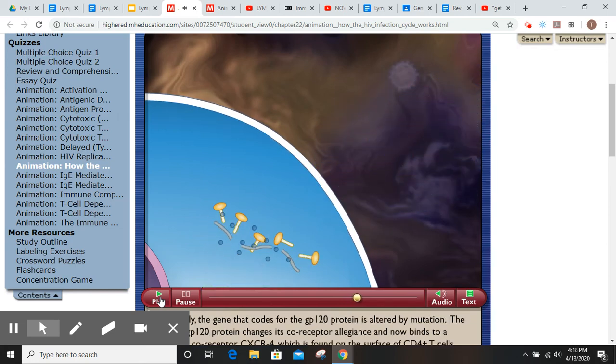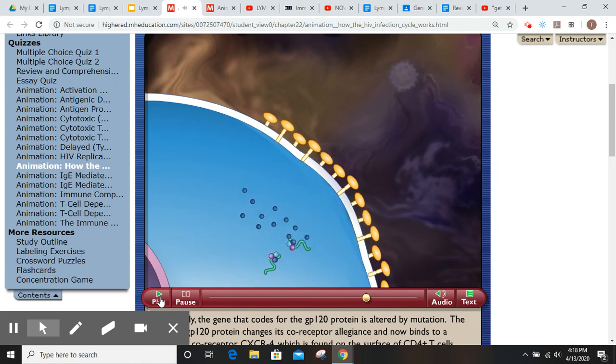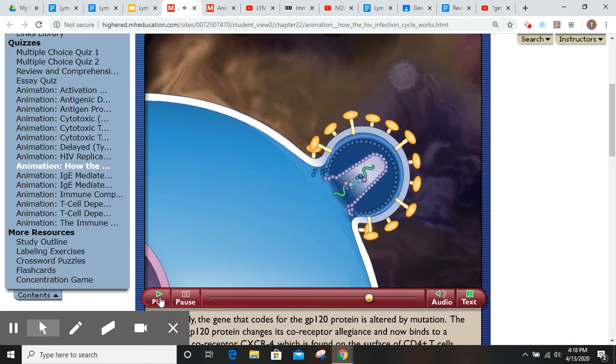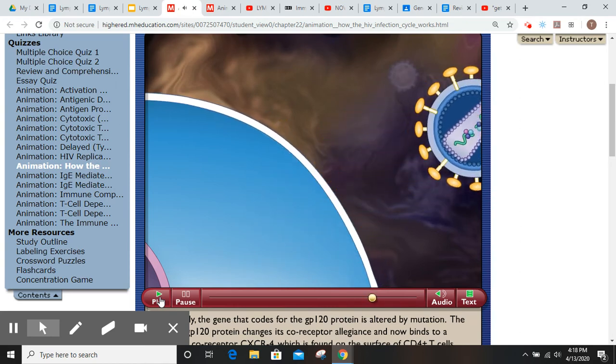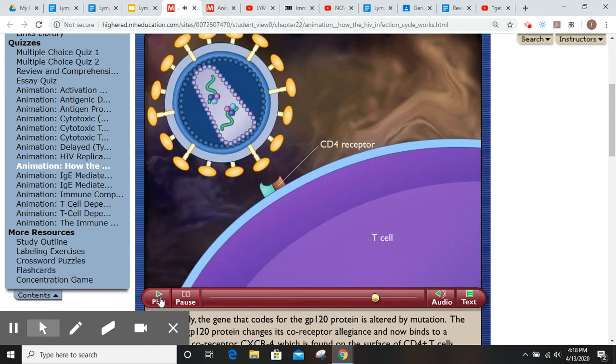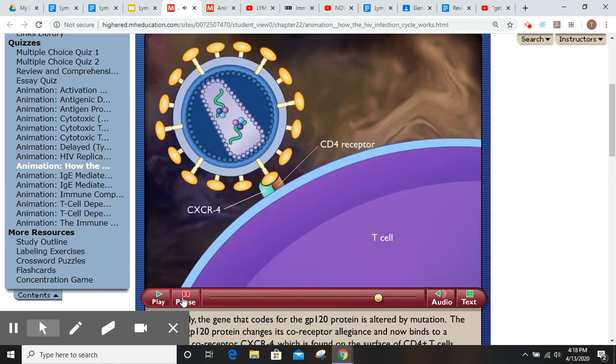Eventually, the gene that codes for the GP120 protein is altered by mutation. The altered GP120 protein changes its co-receptor allegiance and now binds to a different co-receptor, CXCR4, which is found on the surface of CD4 plus T cells. So the CD4 receptor and those CD4 cells, these are helper T cells, okay? Because the CD8 are the killer T cells.